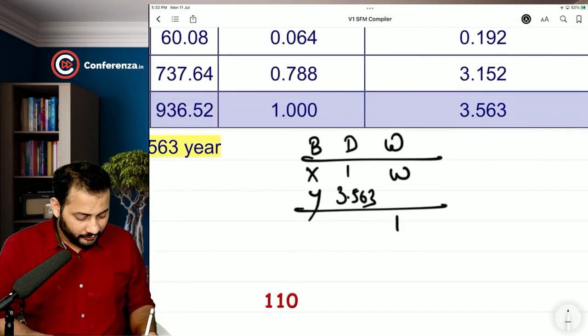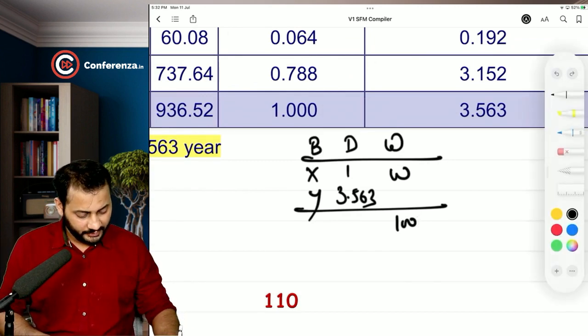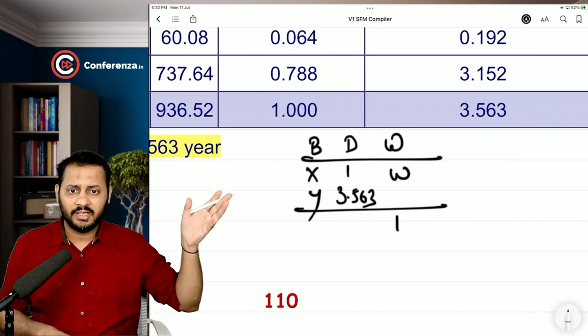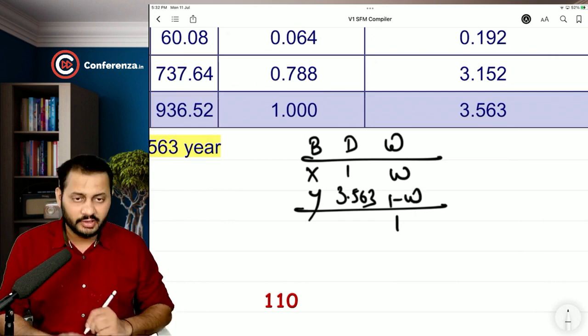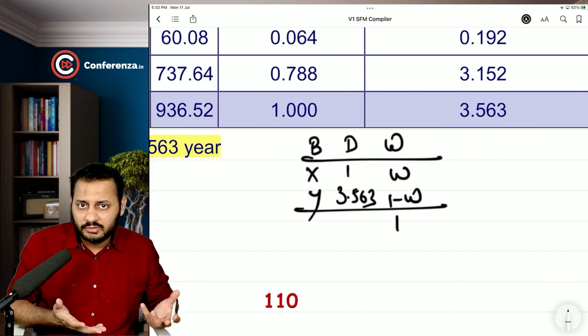The total weight will be 100%. Do you agree with this? The total weight will be 100%. So if you have 10 rupees and you are investing 4 in X, the balance will be 10 minus 4. So I can write down 1 minus W. W plus 1 minus W is 1.